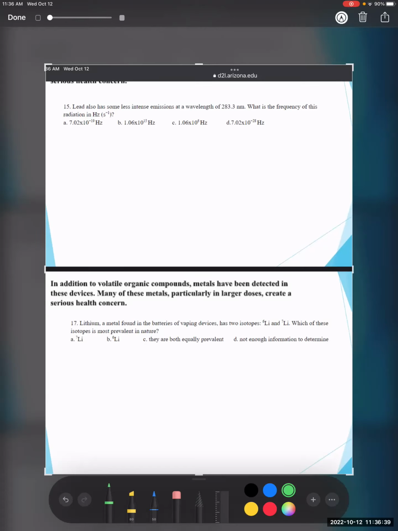And we know the frequency, or we call it nu, is equal to c over lambda. If you just plug in the numbers, c is the speed of light, about 3 times 10 to the power of 8 meters per second, divided by the wavelength, 283.3 nanometers, but we need this in meters.